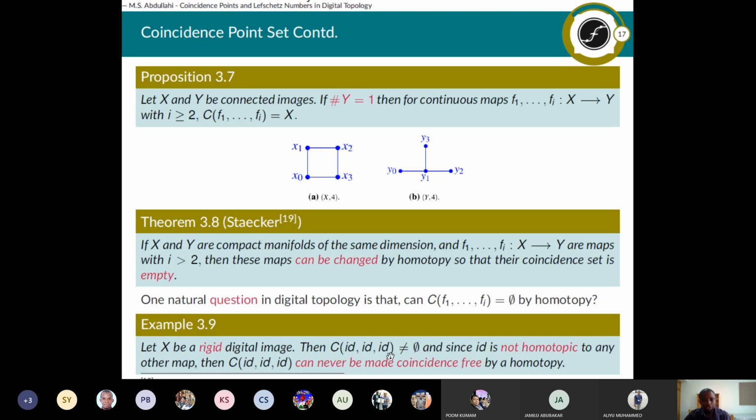If X is rigid, the identity is not homotopic to any function except itself, and because of that, we cannot reduce the coincidence set to become empty.